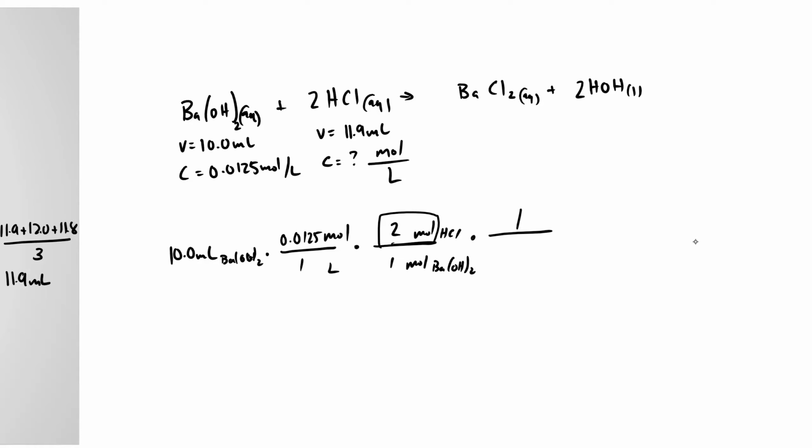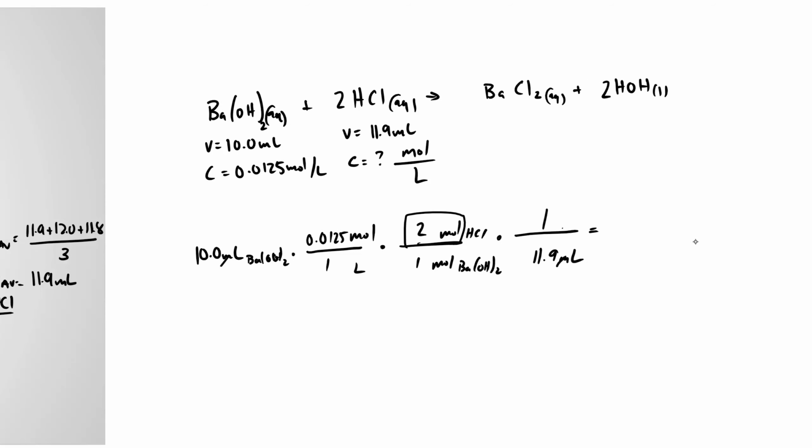I just need to replace the bottom of the equation with liters, and I can keep my milliliters, 11.9 milliliters, because I had milliliters at the start. So those milli prefixes will cancel out. As we work our way across this calculation, milliliters of barium hydroxide, liters cancel, then moles cancel, then we keep the moles and we divide by liters, and we get our final answer.